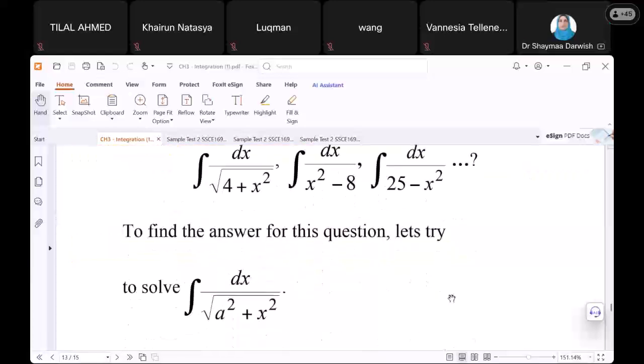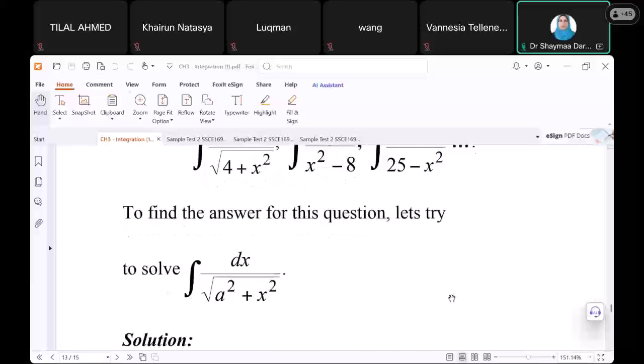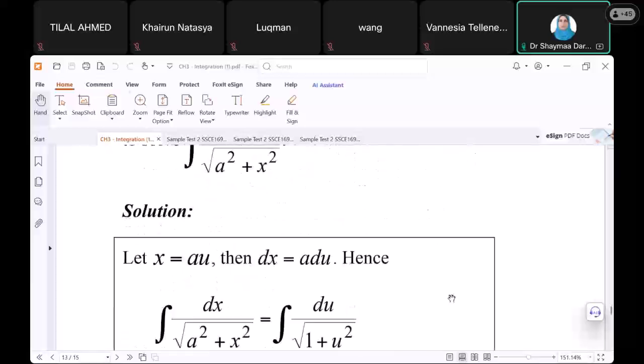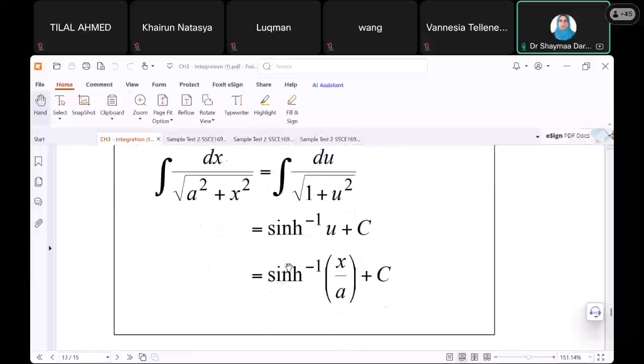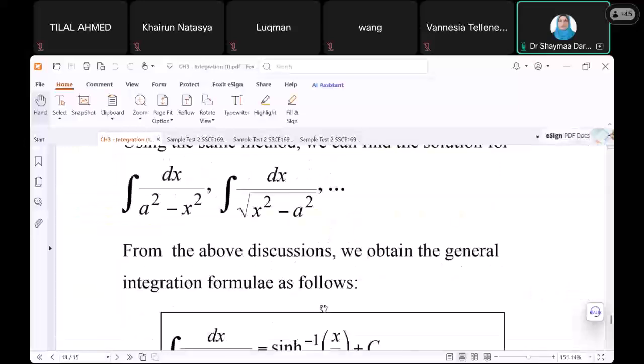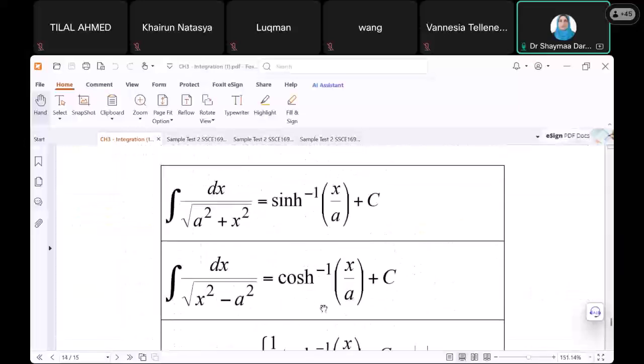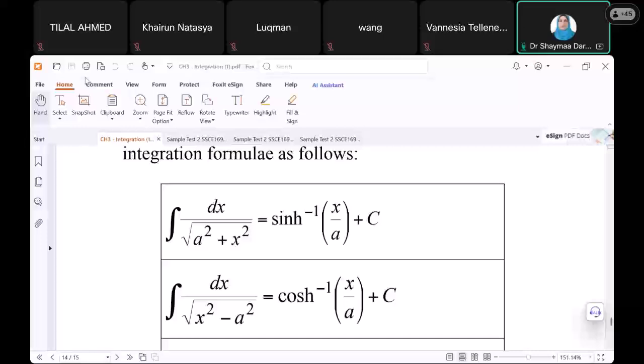Same as what we did for inverse trigonometric functions, we need to learn how to apply the formula to find integration. For example, the integration of 1 over square root of a squared plus x squared equals sine inverse x over a plus constant. I will concern more about these formulas here.